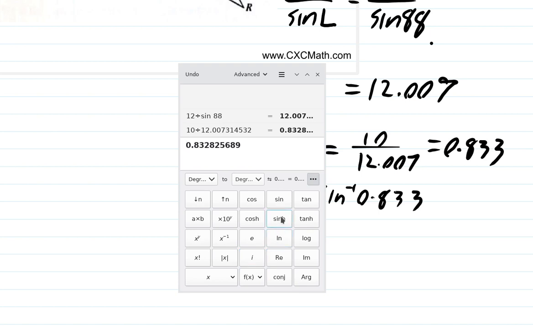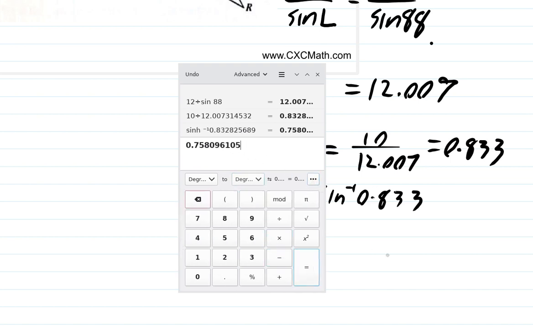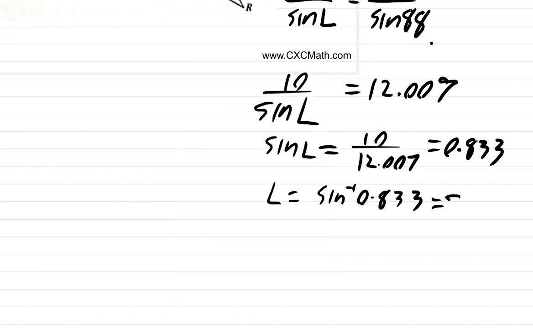It should be the sine inverse of 0.833, which equals 56.39 degrees.